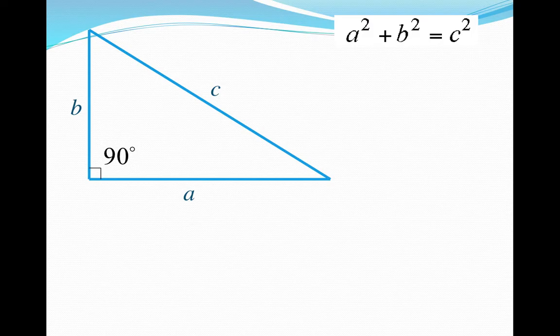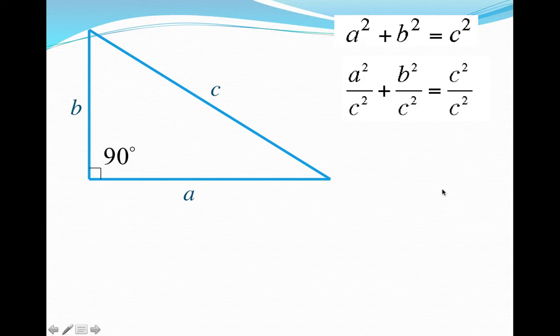If I look at the Pythagorean theorem, a squared plus b squared equals c squared, I want to use that because I know it holds true for any right triangle: the sum of the squares of the two legs is equal to the square of the hypotenuse. If I wanted to, I could divide all three of these terms by c squared.